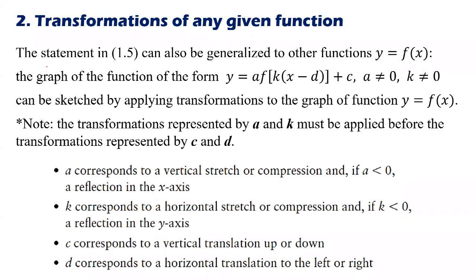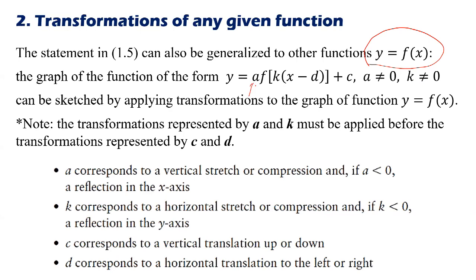Actually, the statement in 1.5 can also be generalized to other functions, y equals f(x). This is more general, right? It could be any function. The graph of a function of the form y equals a times f of k times the difference of x and d, plus c, where a is not 0 and k is not 0.